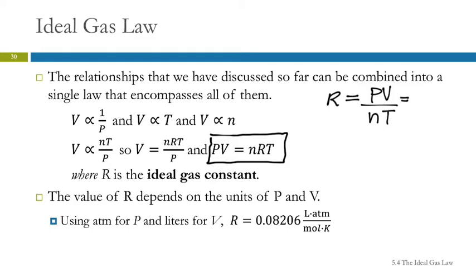And if volume is liters and pressure is atmospheres, n is moles, temperature is always Kelvin, that's where the units come from. So it's 0.08206 liter atmospheres per mole Kelvin. You'll save yourself some time if you memorize that.